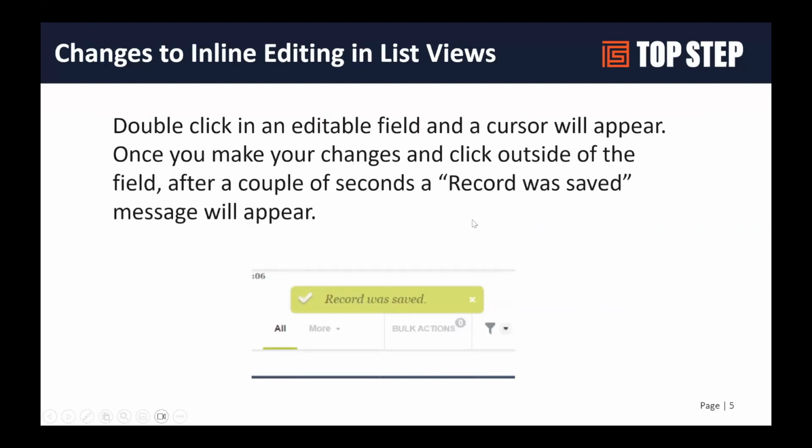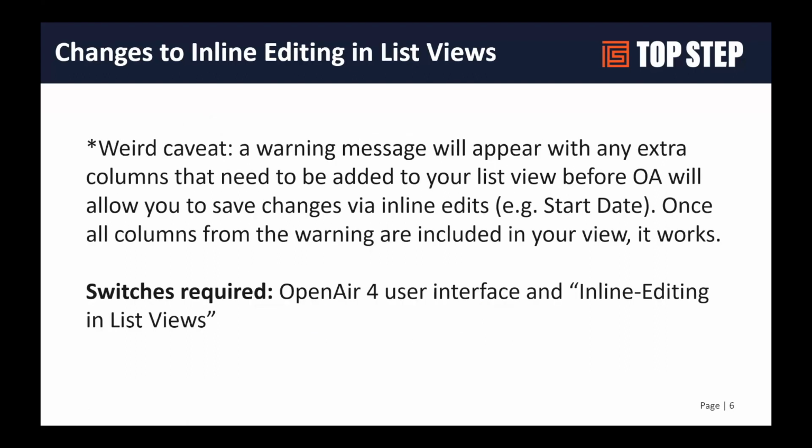Once you double click and edit a field, it will automatically save. So there's no save option. It will just automatically get the record saved and updated from OpenAir. One thing we did notice is that sometimes, if there are fields that are not in your view but OpenAir is looking for them, you might get prompted to add additional fields.